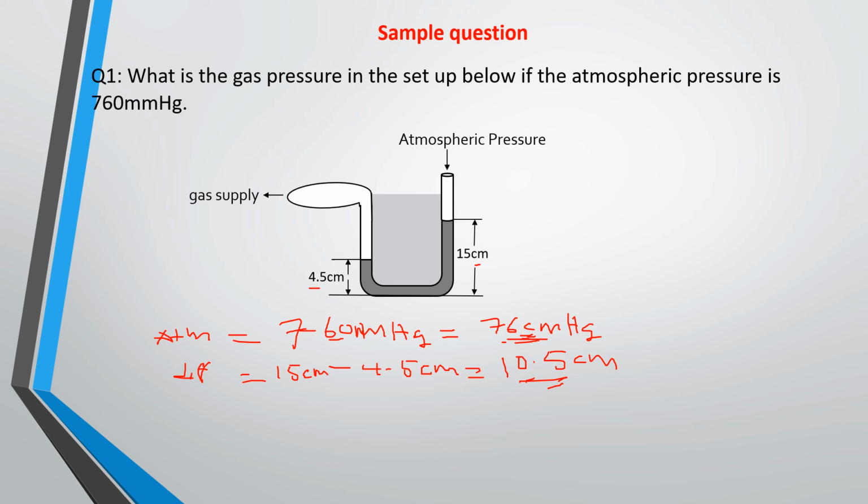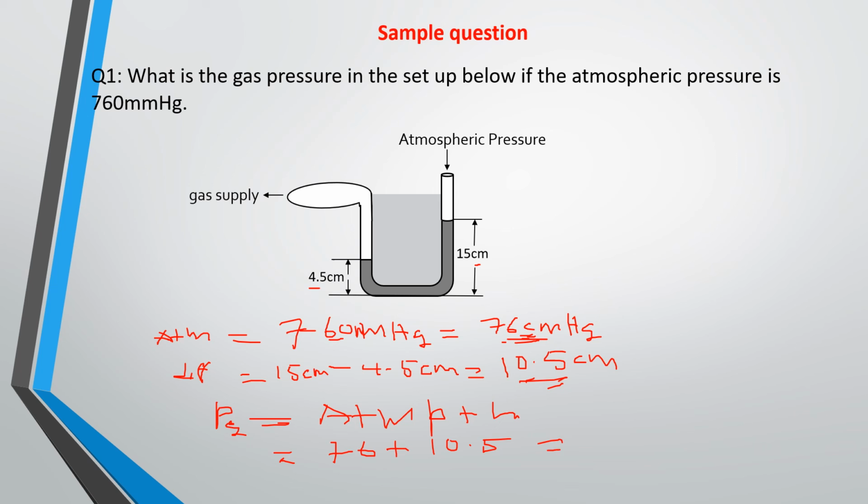All right. So having gotten this, we said that the pressure of the gas, P gas, is equal to atmospheric pressure plus pressure due to height of mercury, h. That's what we said. So substitute into this equation, you have that pressure of gas would now be equal to 76 centimeters plus 10.5.